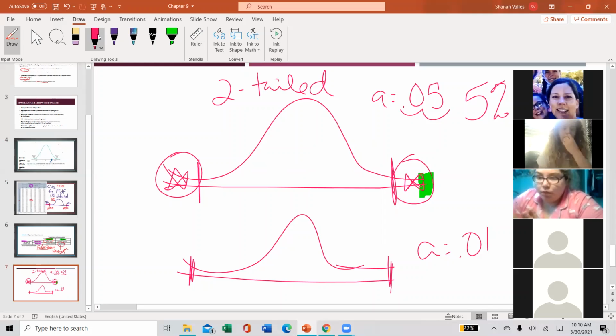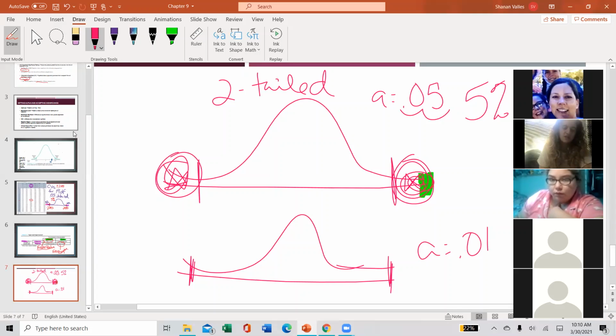Okay. So we're looking for those extreme values, those really unlikely events that can happen way out in the tails, okay? My drawings are horrible. Does that help? Do you have another question? No, that makes sense. So the 5% is just the extremes, kind of like the outliers of the data.